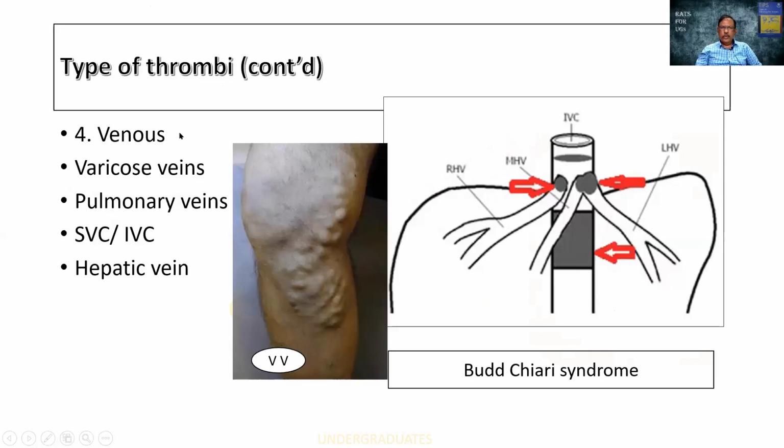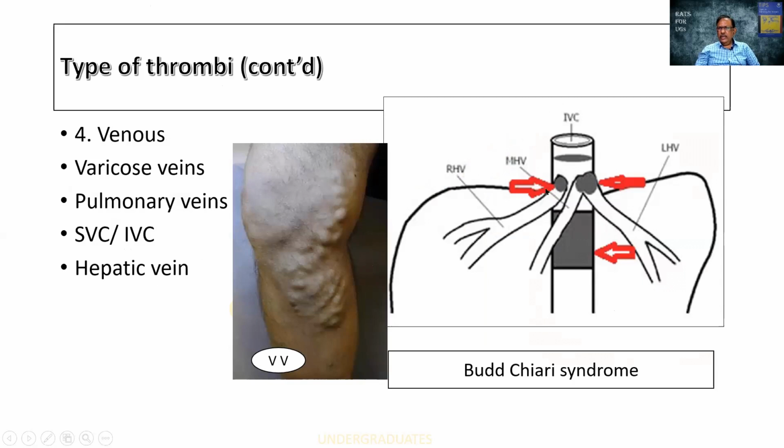And the types of thrombi, this I had not mentioned earlier. The fourth one is the venous. So it can be arterial, it can be capillary, it can be heart, or it can be venous. And when I say venous, the varicose veins, worm-like veins. Pulmonary veins, superior vena cava, inferior vena cava. Hepatic vein is another one. And that is what I'm seeing over here.